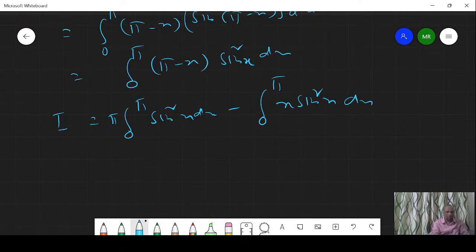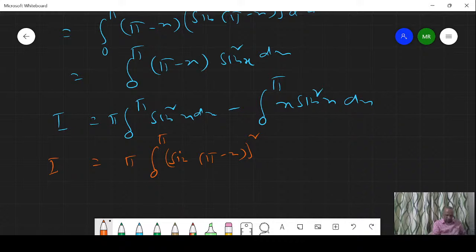So to simplify this problem, I can transfer this I to this side. This I equal to pi into 0 to pi. We have limits 0 to pi. Again you can apply property P4. Replace x with pi minus x. Same function it comes, sin of pi minus x whole square.